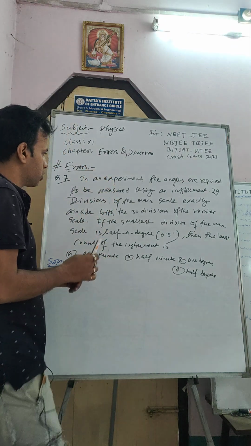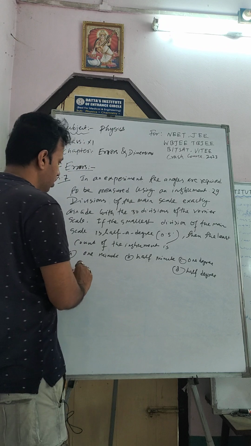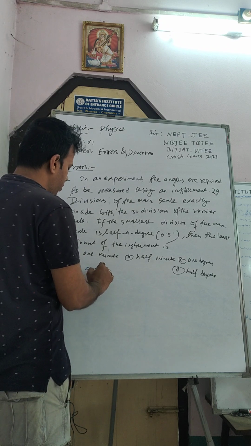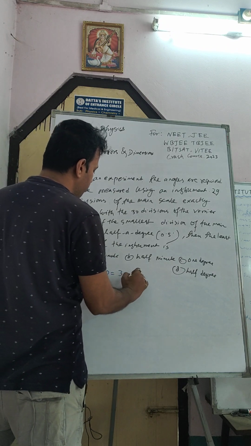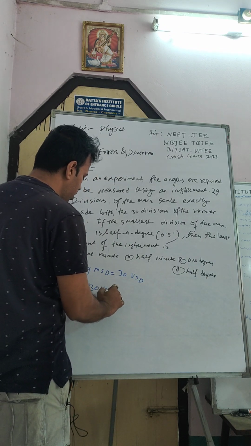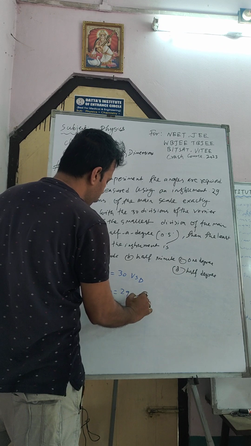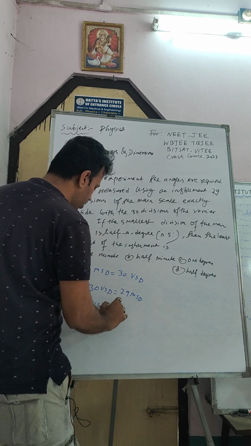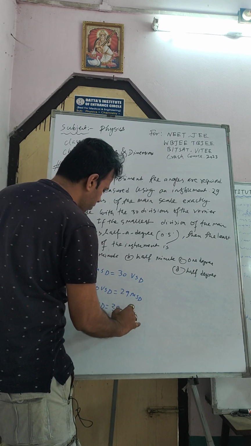Okay, so here 29 MSD is equal to 30 VSD. Okay, so 30 VSD is equal to 29 MSD, we can say also. So 1 VSD is what? 29 by 30 MSD.